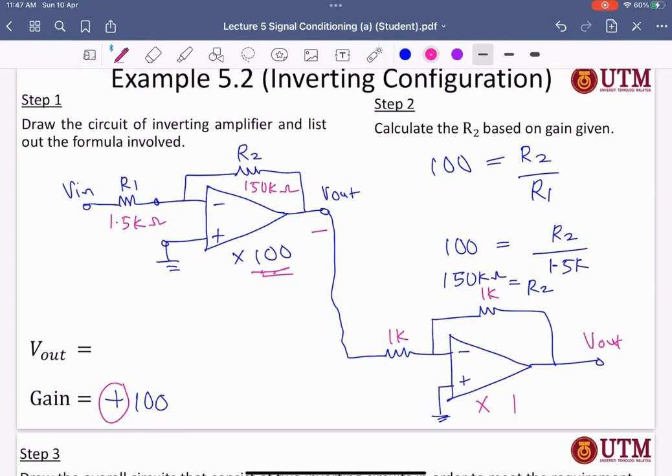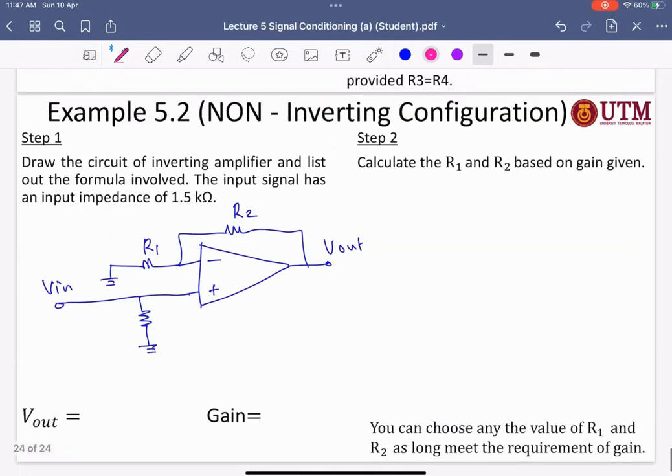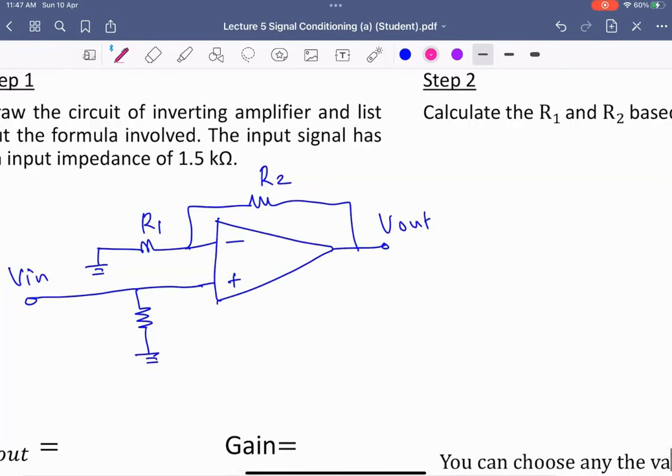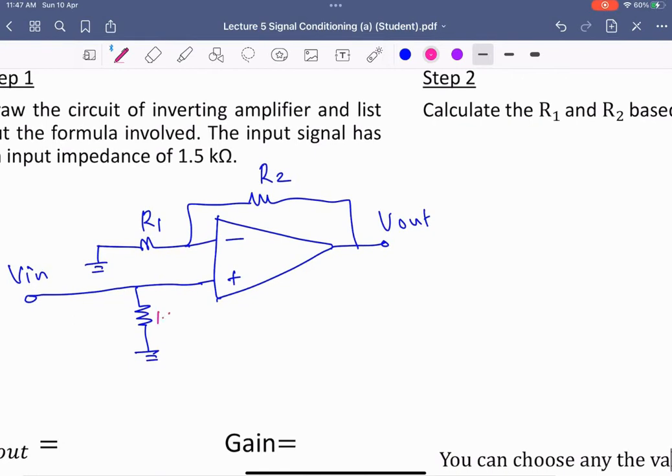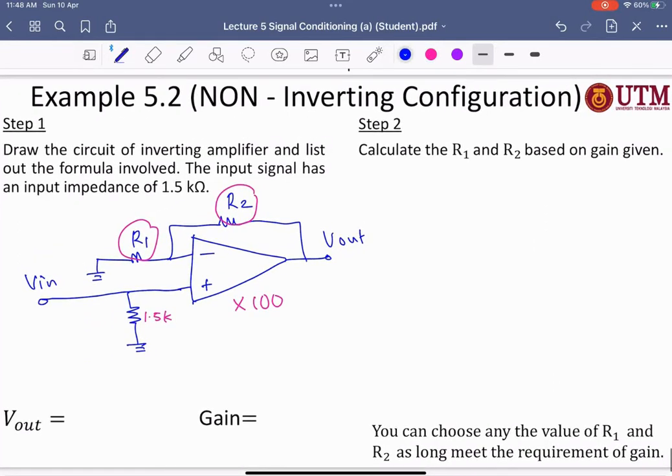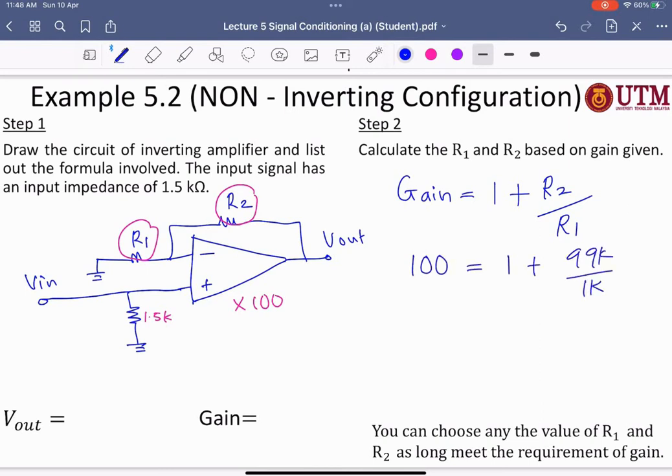Okay, good. So now for the non-inverting, the input impedance will be 1.5K here, and then you need to find this value for a gain of 100. This will be the easiest one. The gain is equal to 1 plus R2 divided by R1. We want 100, so 1 plus 99k divided by 1k.